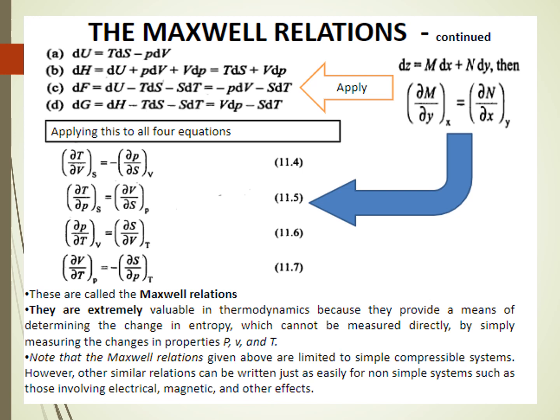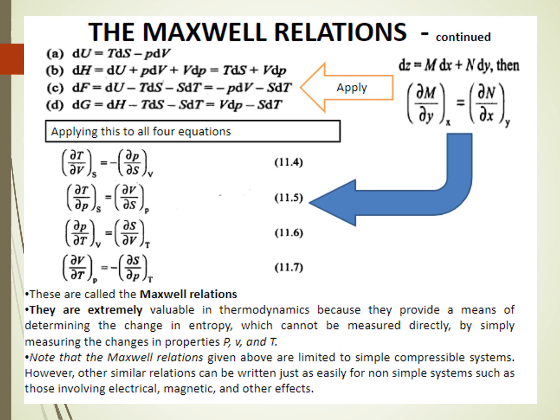First, for internal energy, you will get ∂T/∂V at constant S is equal to minus ∂P/∂S at constant P. And for the other equations also, for enthalpy dH, you will get ∂T/∂P at constant S is equal to ∂V/∂S at constant T. For Helmholtz free energy, ∂P/∂T at constant V is equal to ∂S/∂V at constant T. And for Gibbs free energy, ∂V/∂T at constant P is equal to minus ∂S/∂P at constant T.